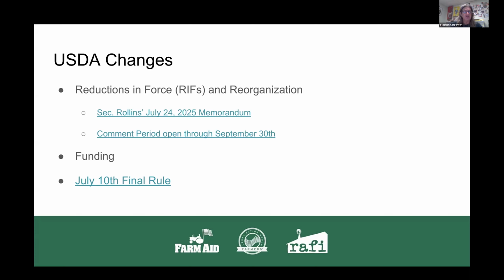And if you just said it in one sentence, what the July 10th regulation does is pull back a number of the ways in which USDA programs favored socially disadvantaged applicants in some programs. And so it's actually, frankly, quite confusing.